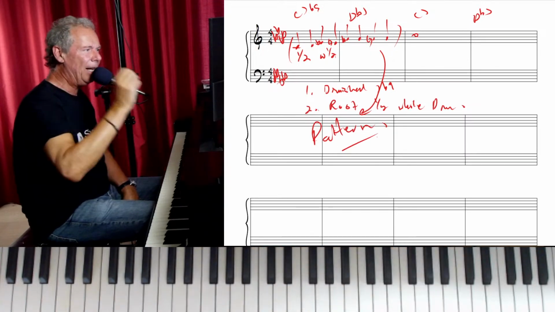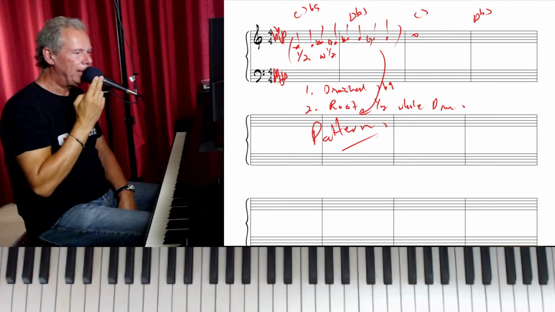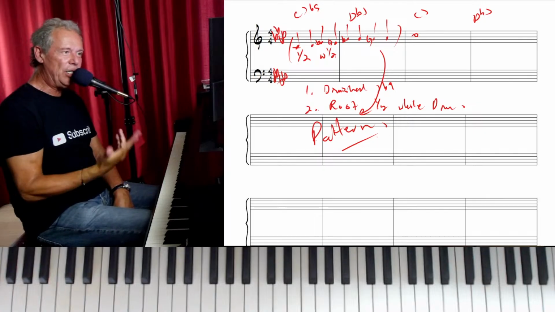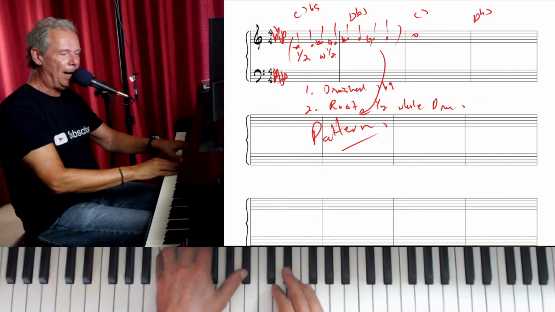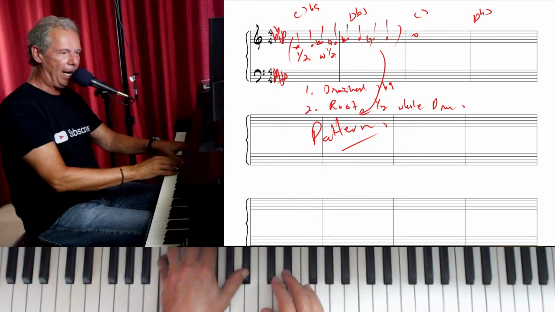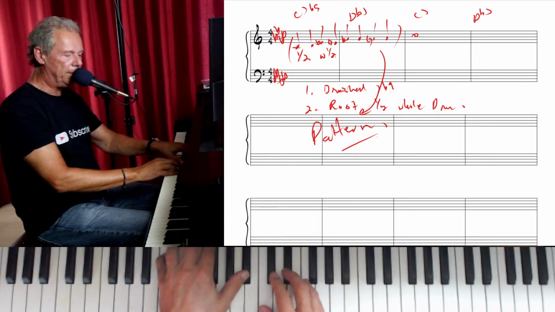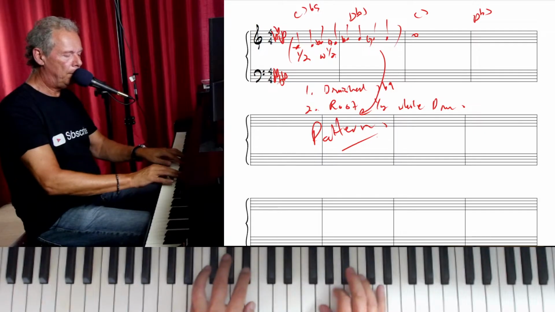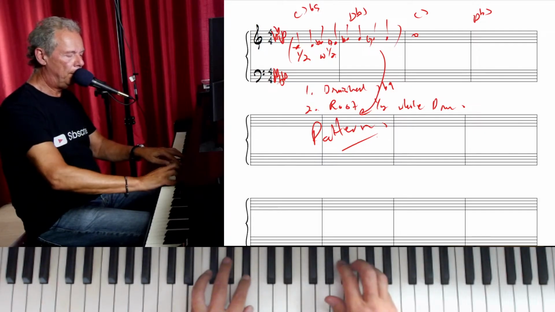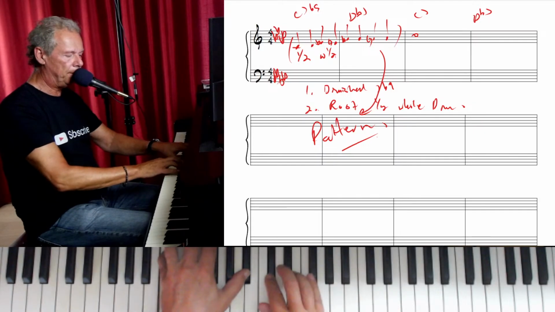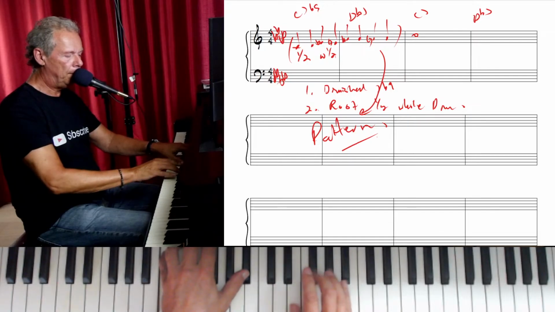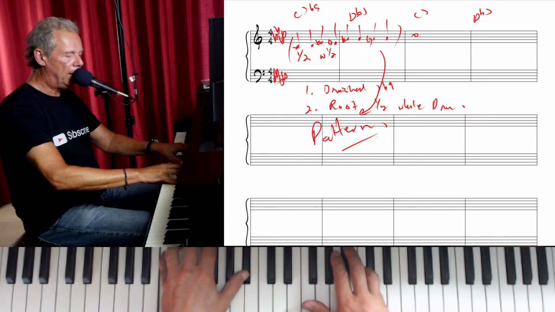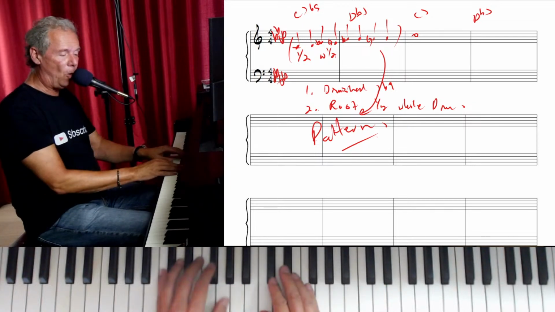The pattern can be really anything as long as you're not playing a scale. So a couple of simple ideas would be to go up 3 and then back 1. That's just one pattern. Another pattern would be to go up 4 and come back 1.